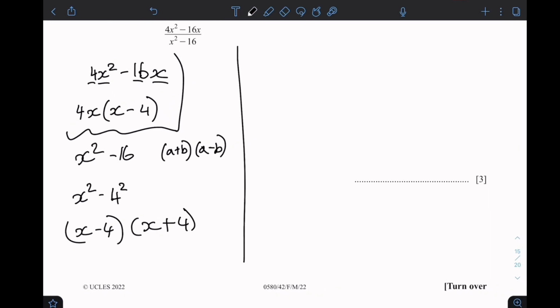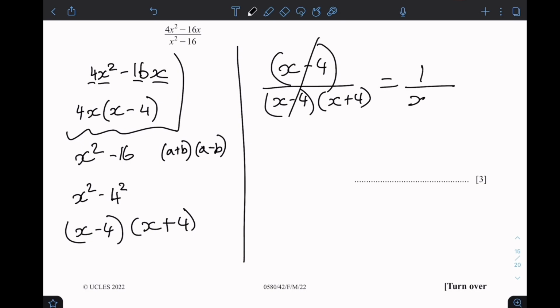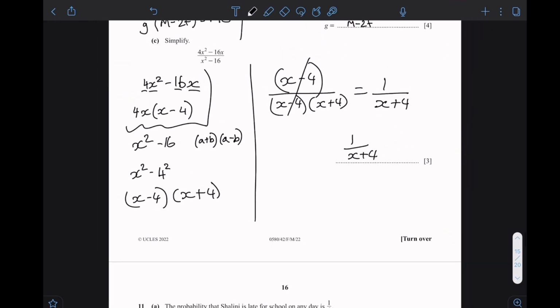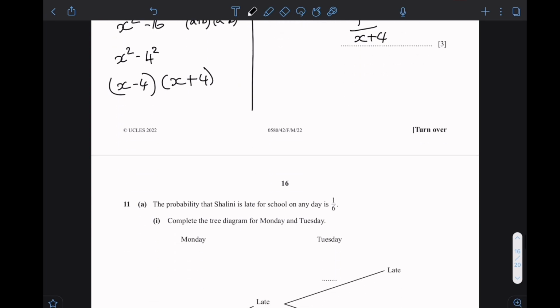So once you write it all together, it will be 4x times x minus 4 divided by x minus 4 and x plus 4. And as you can see, x minus 4 can get cancelled, so it will be 4x divided by x plus 4. And yeah, that's that.